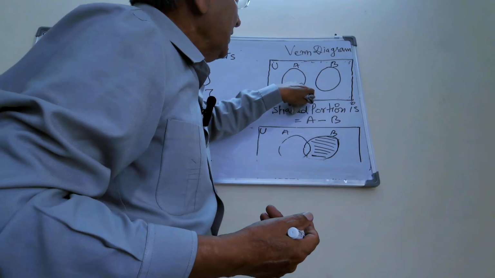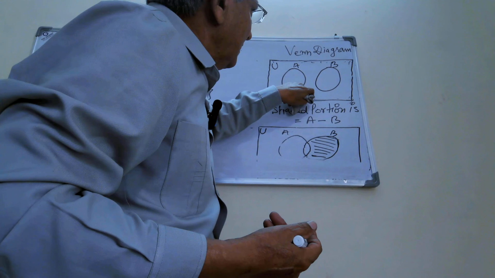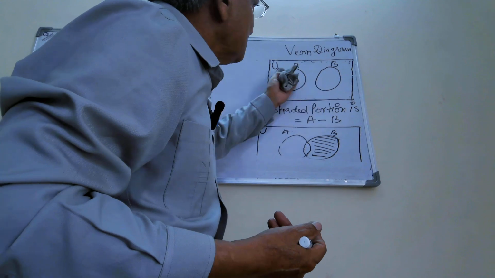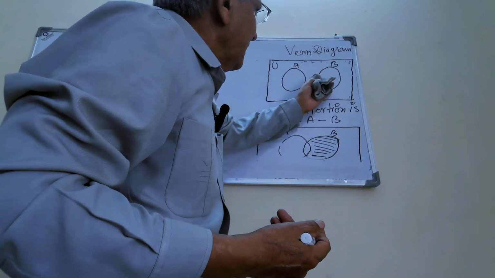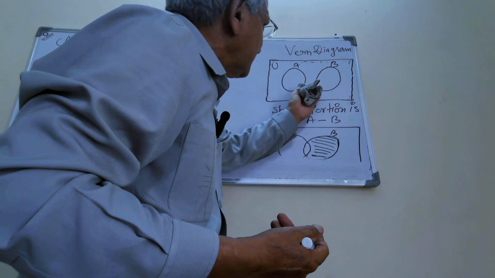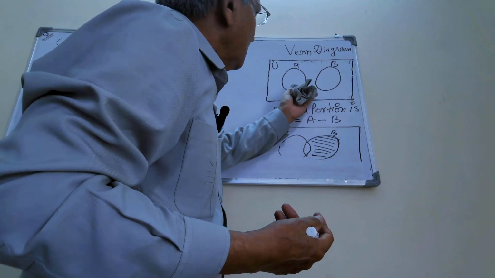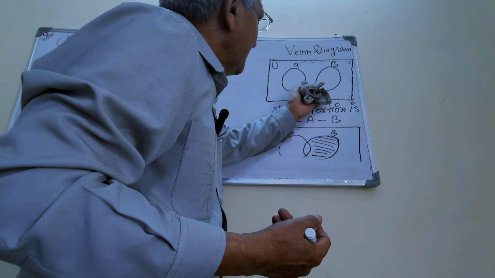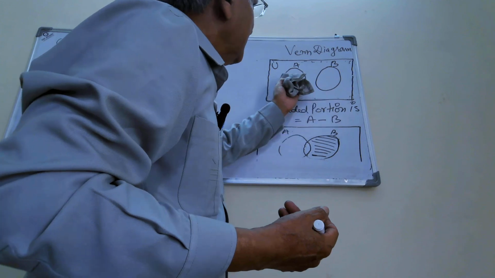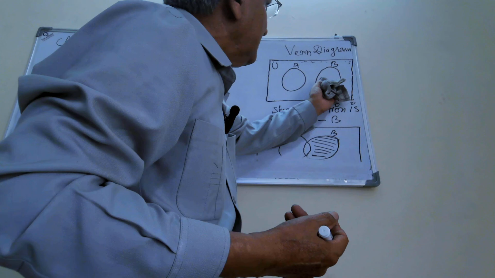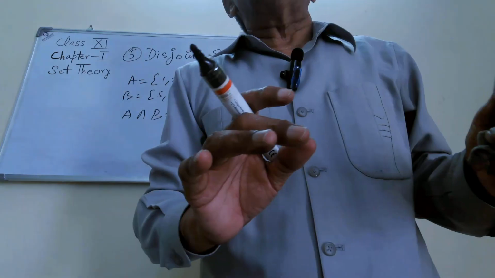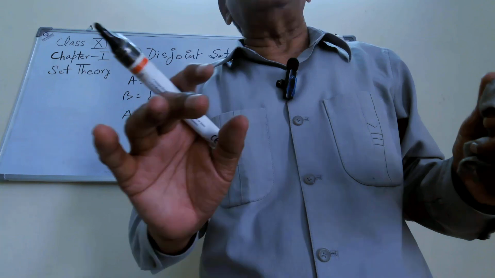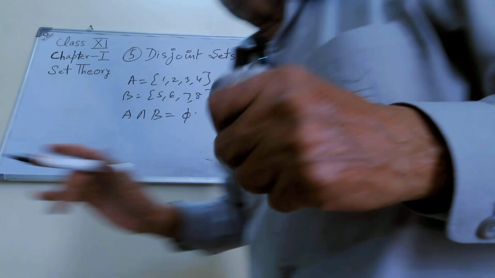Both A and B from this figure have no common element, because A is very far from B and B is very far from A, and there is no intersection here. So there is no question of common element. So these A and B sets are disjoint sets with the help of the Venn diagram.